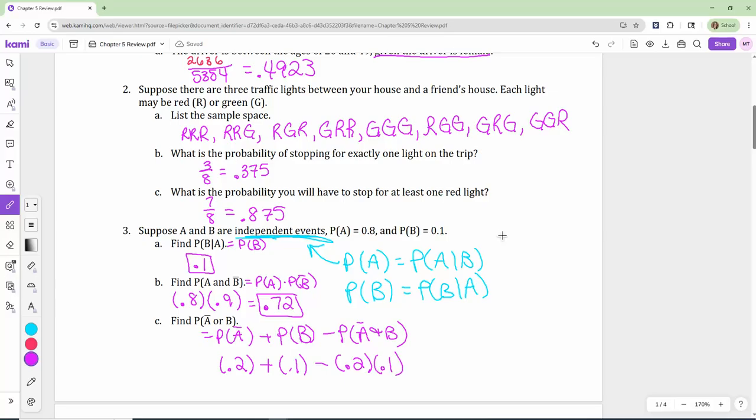Because it was the and, I had to multiply those two together. I hadn't calculated that piece yet. So we get 0.28. Any questions there?